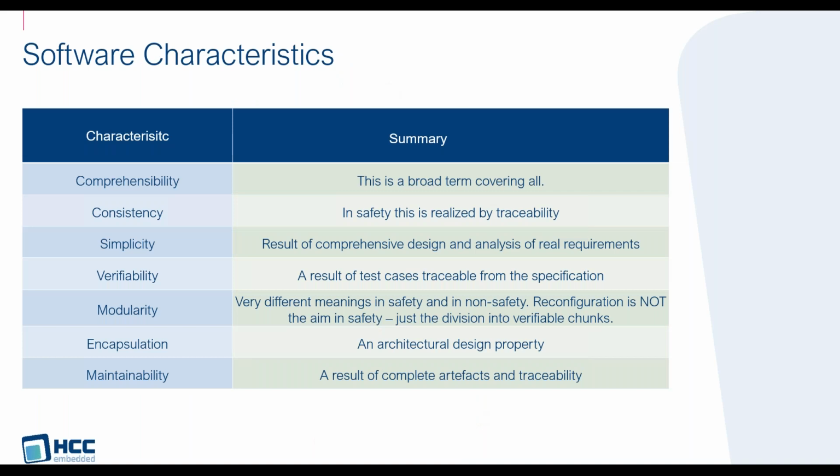For each of these, you do an architectural design, and 26262 has a great summary of the basic high-level architectural design requirements of software: comprehensibility, consistency, simplicity, verifiability, modularity, encapsulation, maintainability. A lot of these are kind of abstract in a way, but they're also extremely important.